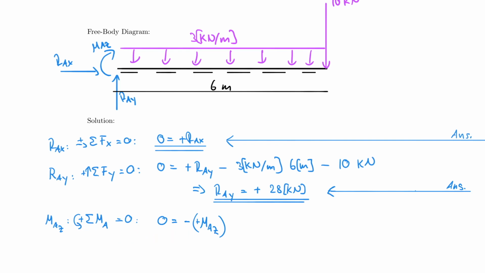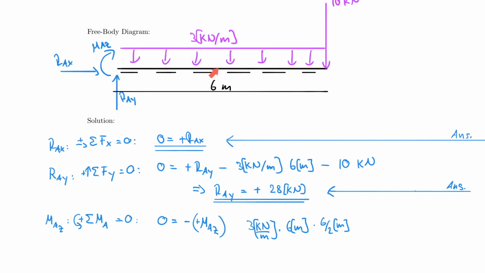So now I can use my other forces, which are 3 kilonewton per meter multiplied by 6 meters. And you guessed it, the right lever arm here to use would be 6/2 meters. And don't get confused here, the 6/2, you could think it's going to this side or to that side.